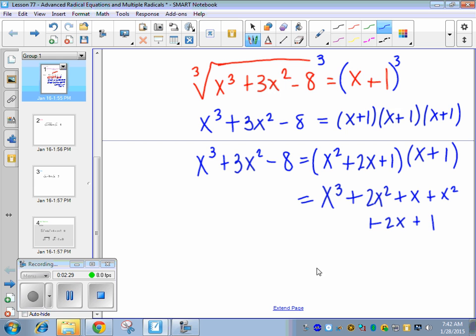So you should have 6 total terms, right? And then we got to combine like terms, so I have x cubed, and I have 2x squared plus 1x squared is 3x squared. And I have 1x plus 2x is 3x, and then plus 1 equal to this same thing that we have over here.